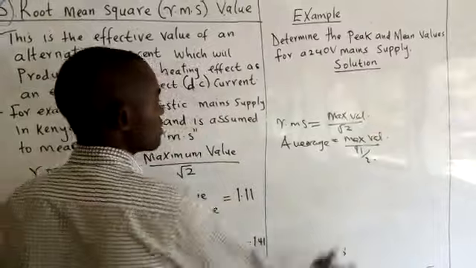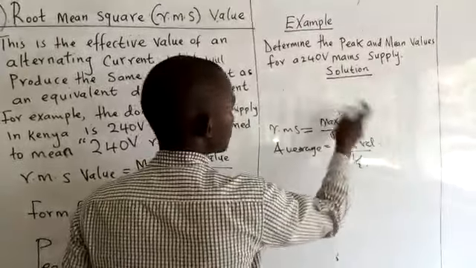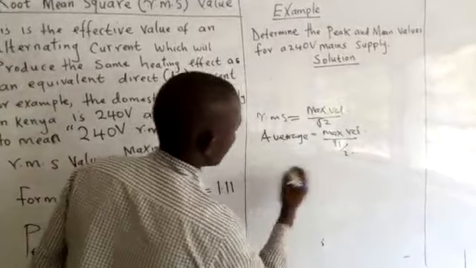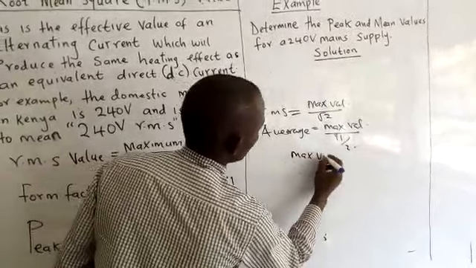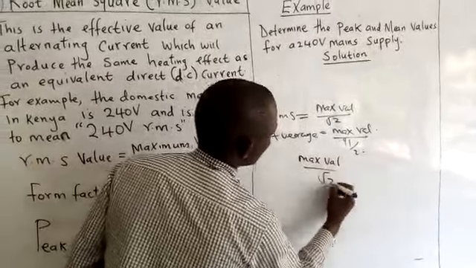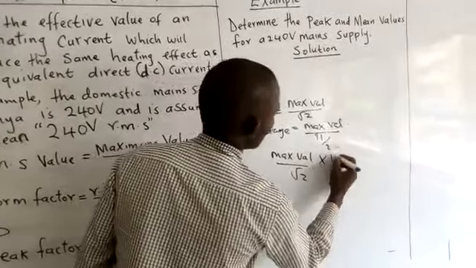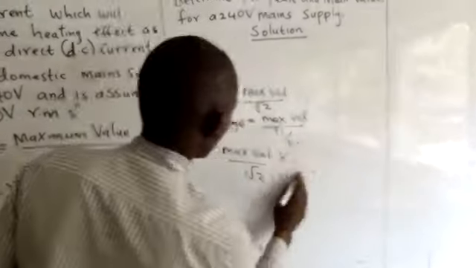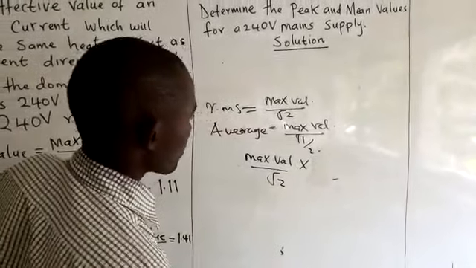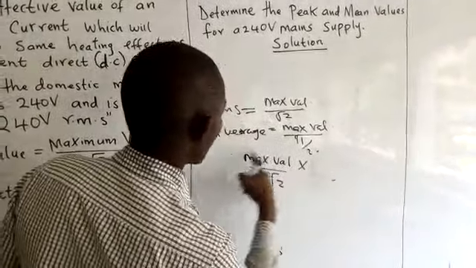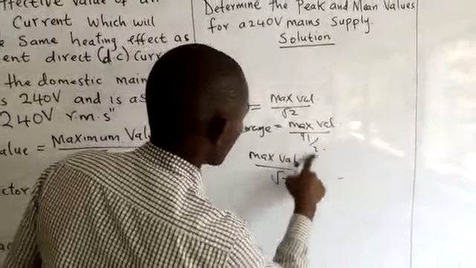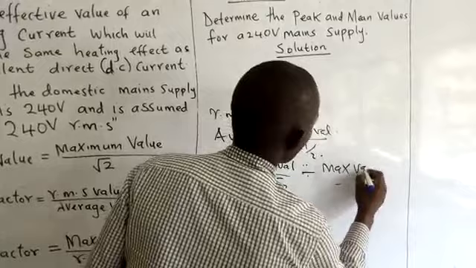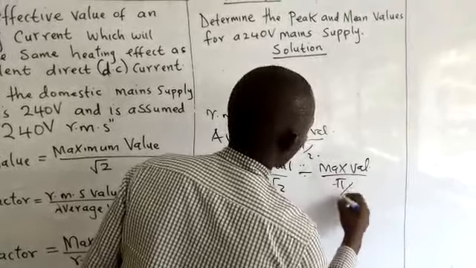So if you divide the two, you will have maximum value all over root 2, divided by maximum value all over pi over 2.